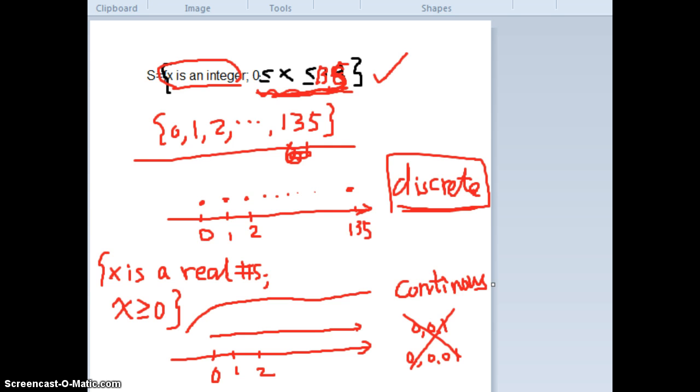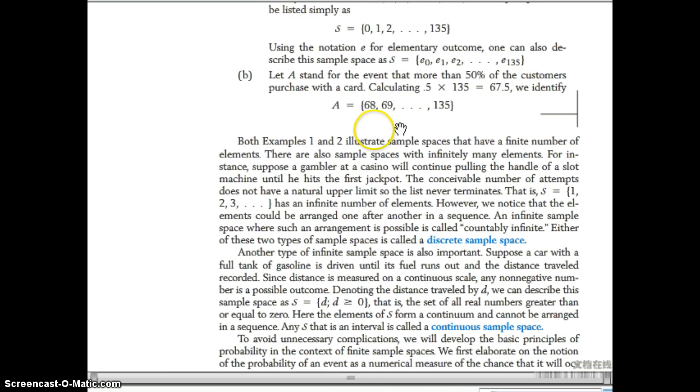The next part is the second question. We'll talk about an event. So an event is usually just part of the sample space. So A stands for the event that more than 50% of the customers purchase with a card. We know we have 135 people, and 135 times 50% is 67.5.